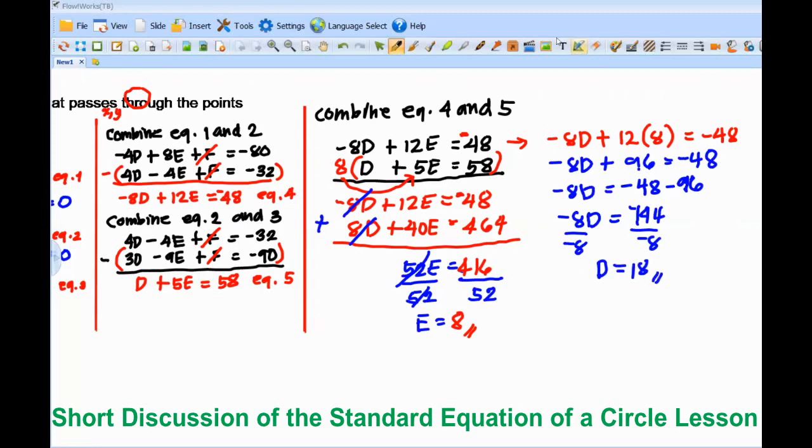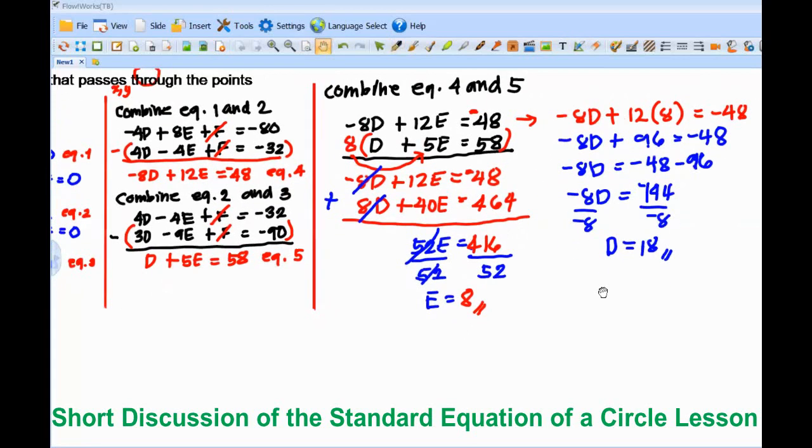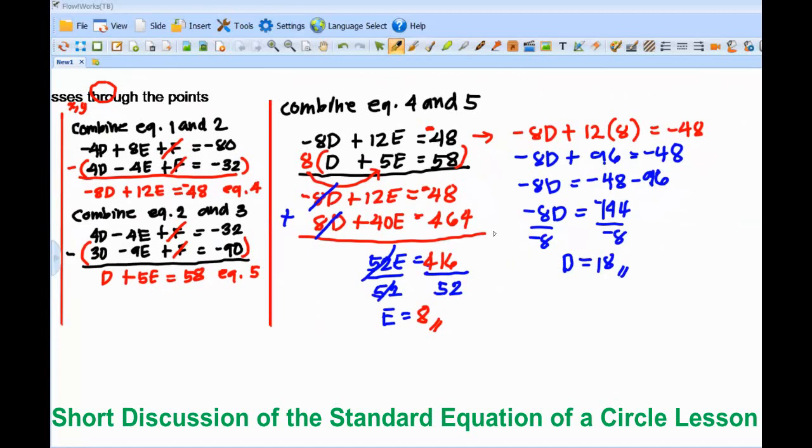Okay, so now let us get the value of F. What is our first equation? The first equation is negative 4D plus 8E plus F equals negative 80. So negative 4 times 18 plus 8 times 8 plus F equals negative 80.